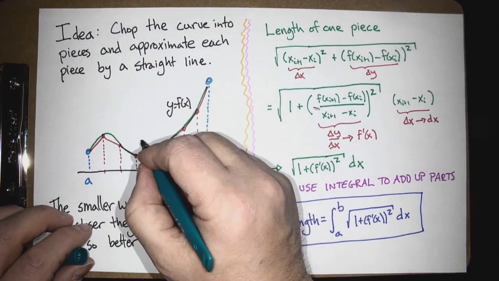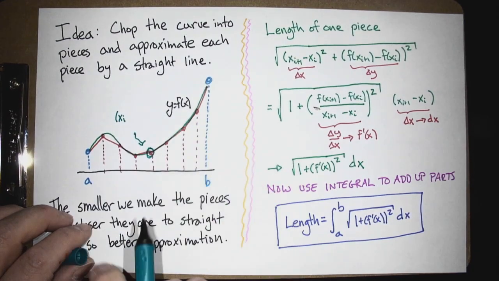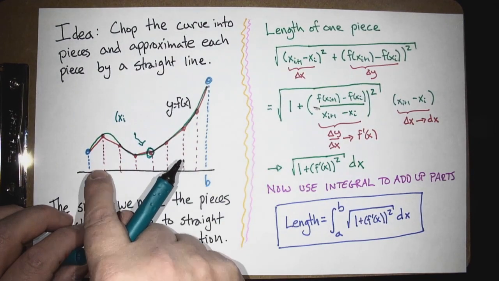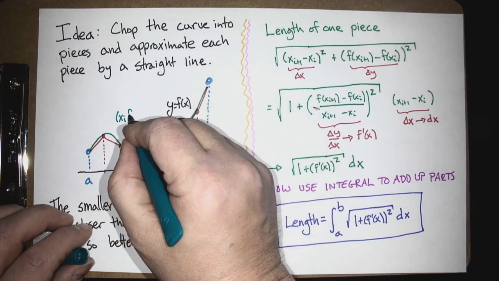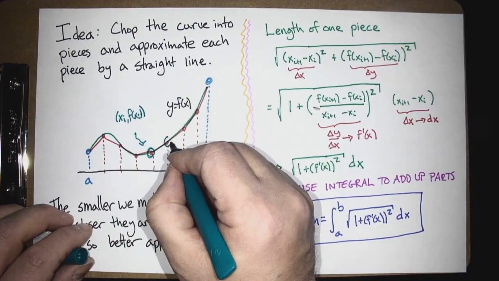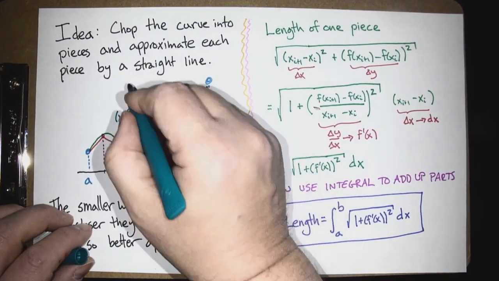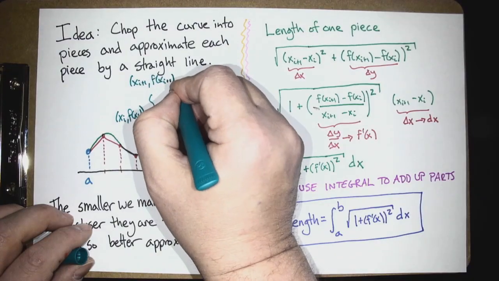So here we have our first point. We'll call it the ith point. So x1, x2, x3, and so on. So here's xi and f of xi. And then the next one over is our xi plus 1, f of xi plus 1.